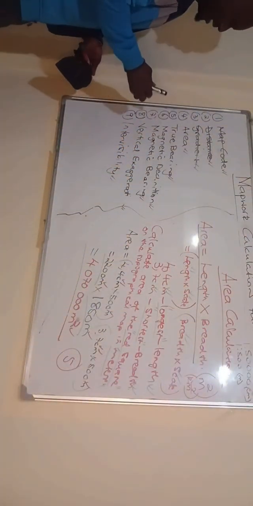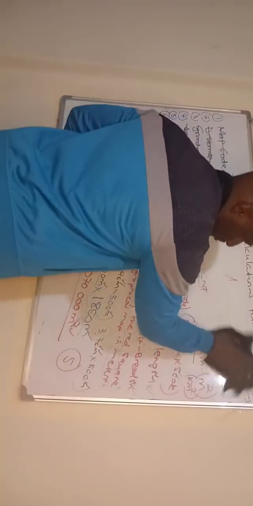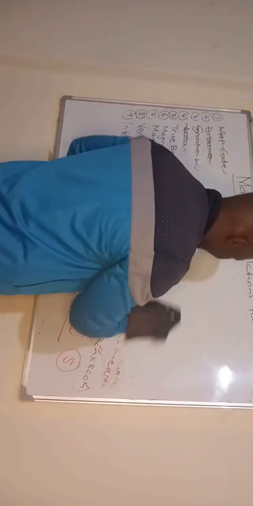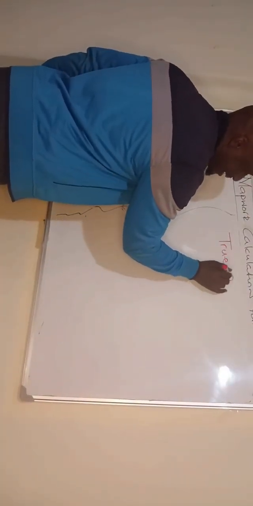So we are done now with area. Okay. I'm going to rub off this. So with true bearing, I'm going to explain first, then we can use the map. We are going to do true bearing now.